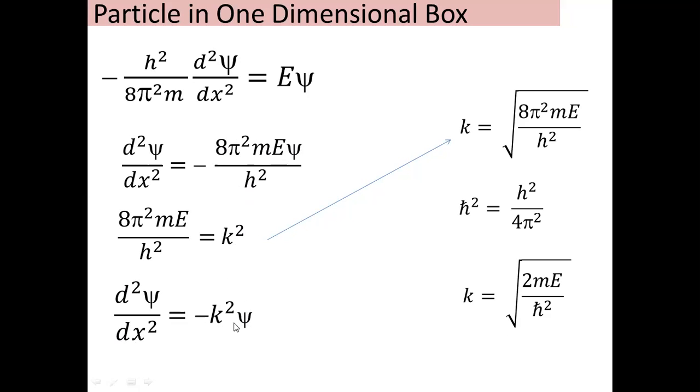Now, more important here is what the k is. And remember, I will be using different values of k in the next lectures. All these are very important because we started with Planck's equation, E equal to h nu, and now the energy is like this, and we derived the quantization of the kinetic energy.